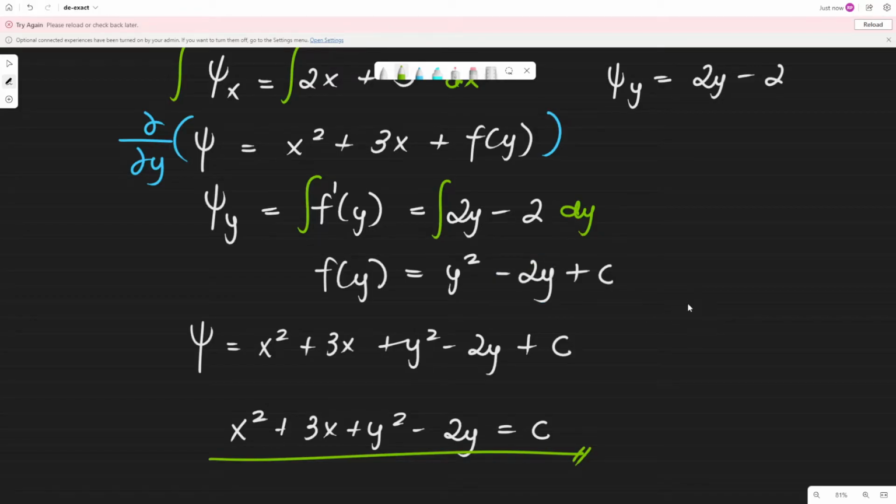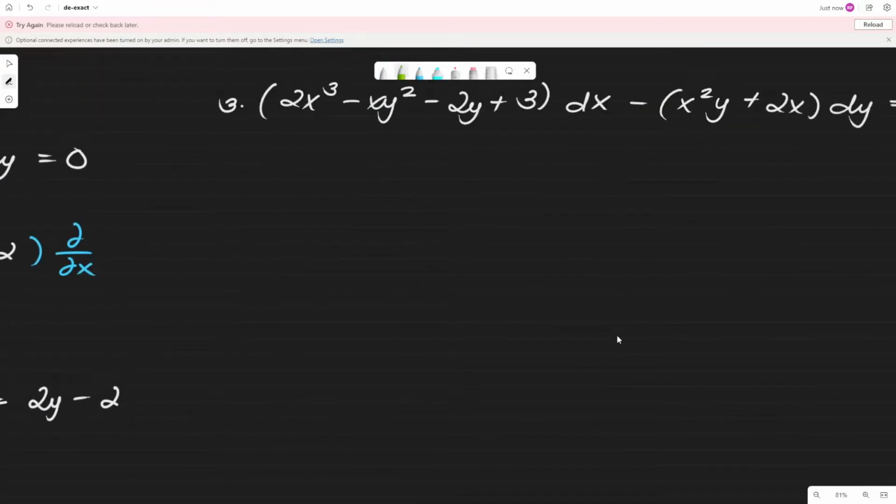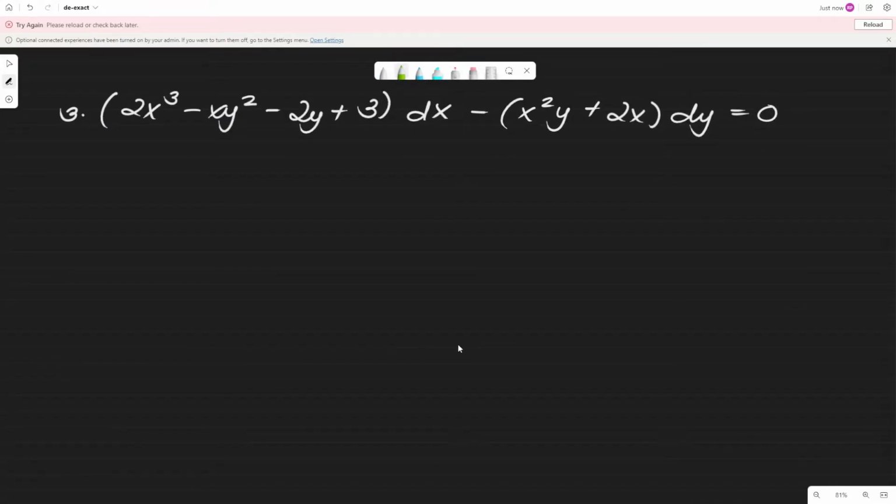Okay? So, next, we have here our third example. So, we have the equation, the quantity 2x cubed minus xy squared minus 2y plus 3 dx minus the quantity x squared y plus 2x dy is equal to 0.